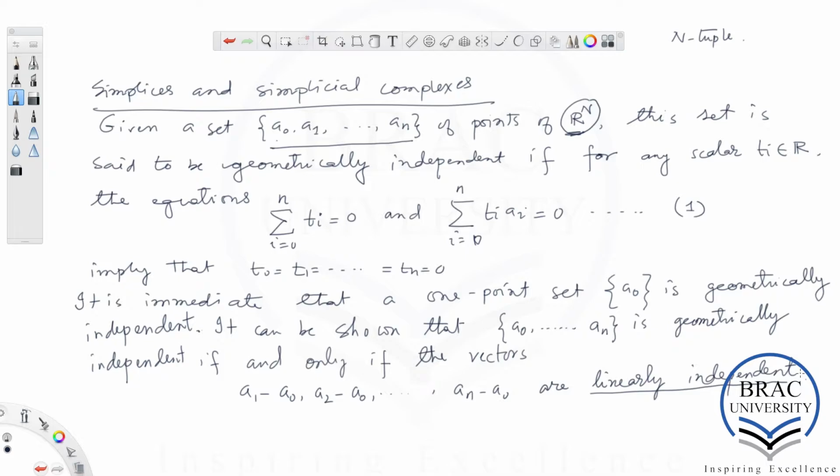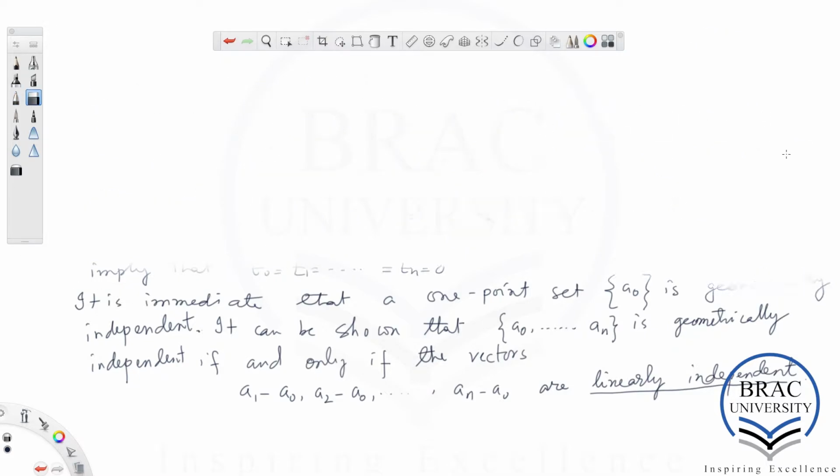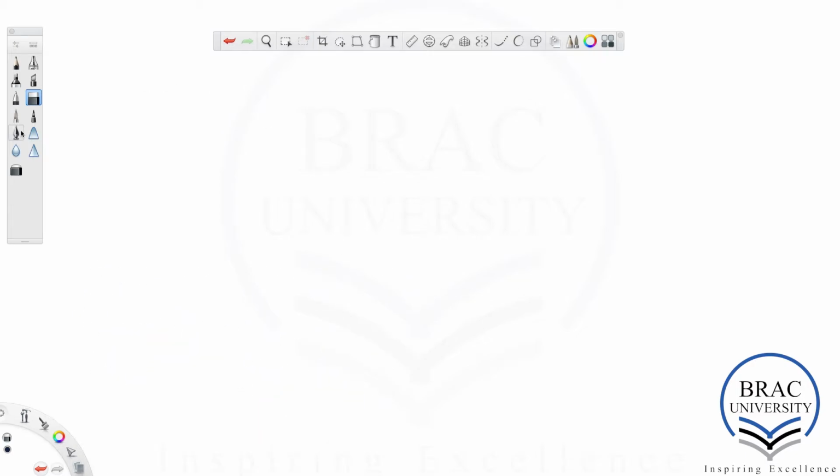Let's see how we can prove this relationship between geometric independence and linear independence.